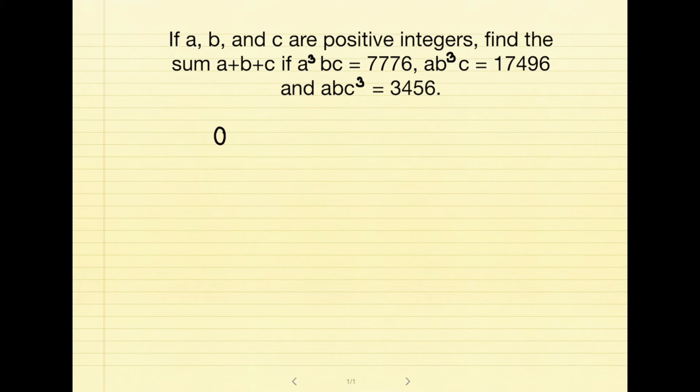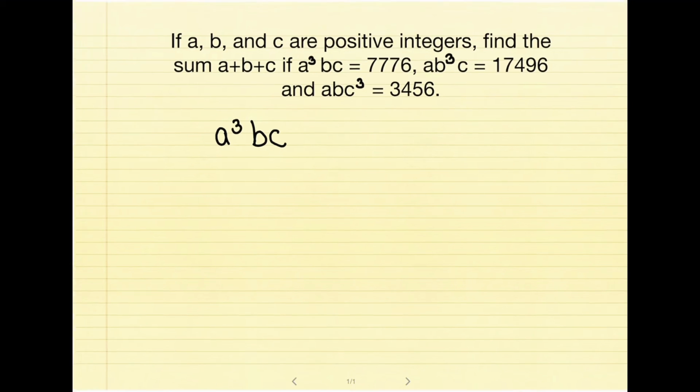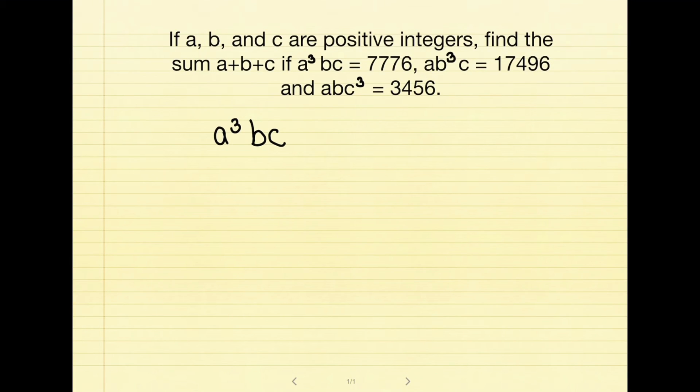So our first equation is a to the power of 3 times bc, which equals 7,776. Our next equation was a times b to the power of 3 times c, which is equal to 17,496.